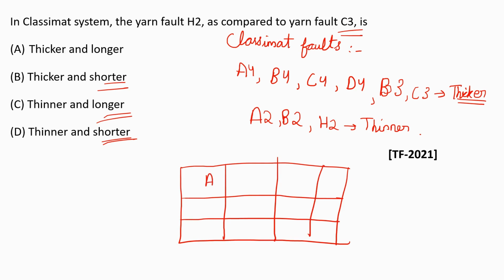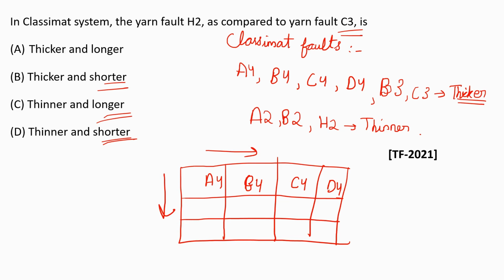Here A4, B4, C4, D4 are the thicker faults, and as we go down the line, the thickness decreases.